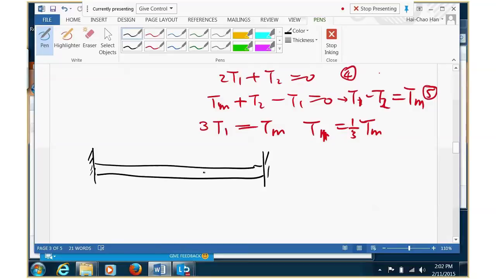Now, if we apply two loads here, so you have a T2 here, and then you have a T1 here. This is our known load, right? So if you want to distinguish, we'll call it TB here, TC here.